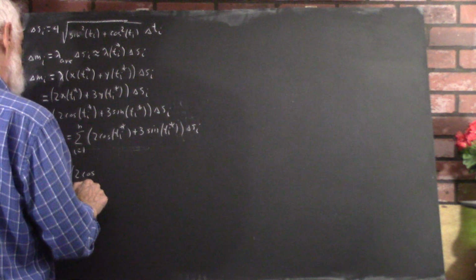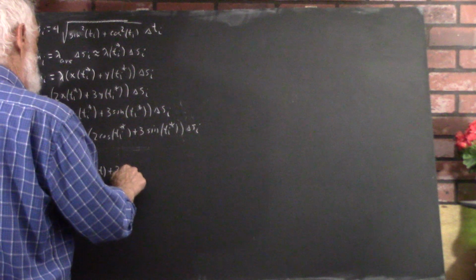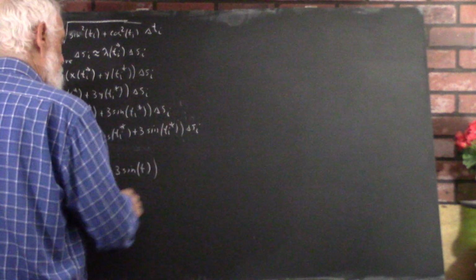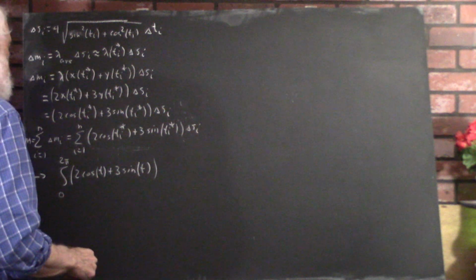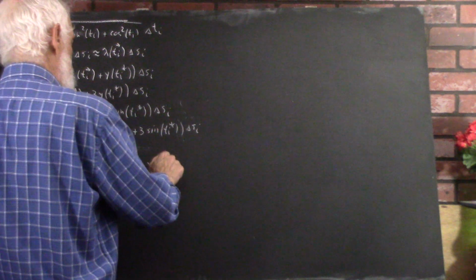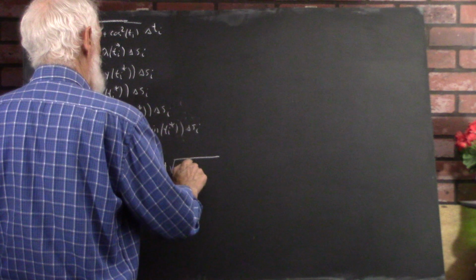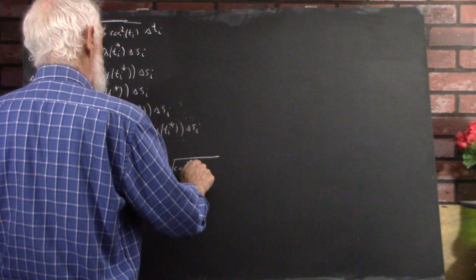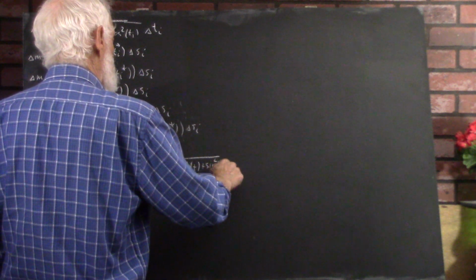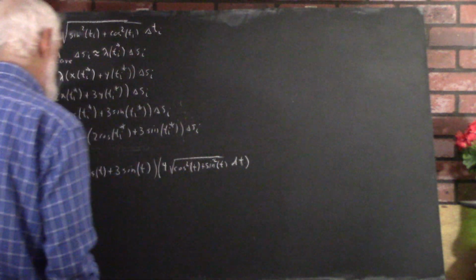2 cosine of t plus 3 sine of t times the delta si, which is 4 times the square root of cosine squared of t plus sine squared of t, dt.